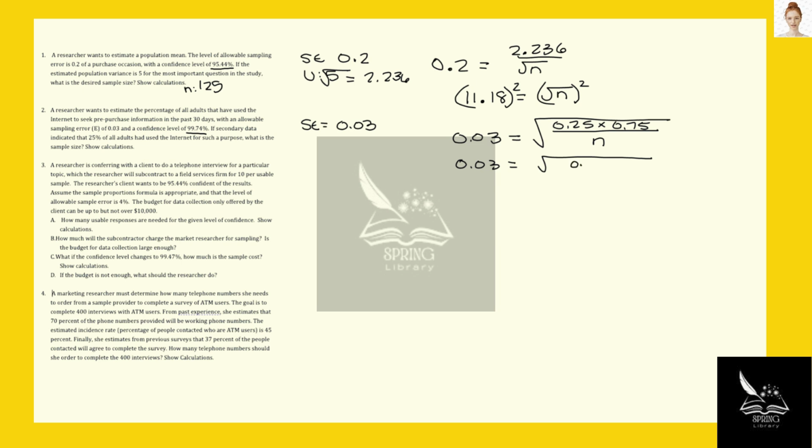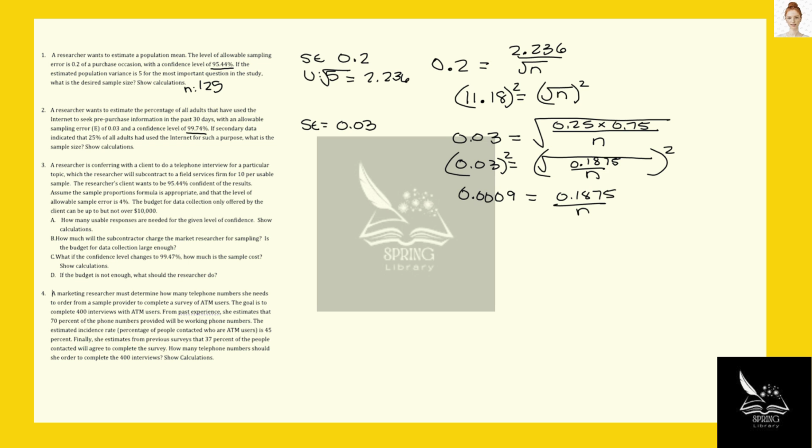That's 0.1875 divided by n. So I'm going to square both sides to get rid of that square root symbol. So 0.03 squared is 0.0009, and that equals 0.1875 over n.